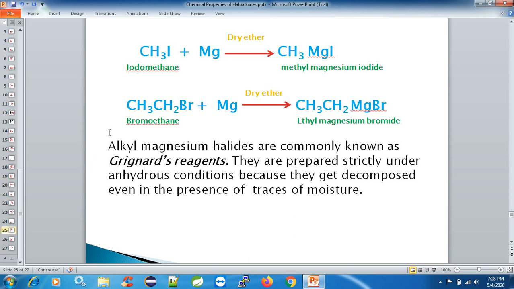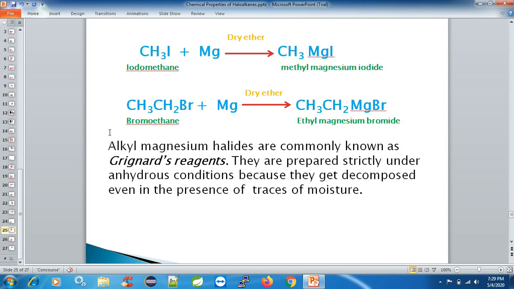So the preparation of Grignard's reagent always occurs under anhydrous conditions. So this is all about the reaction of alkyl halides or haloalkanes with magnesium metal.